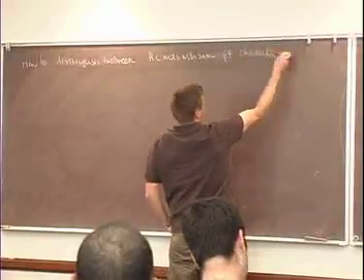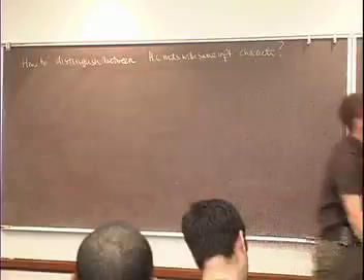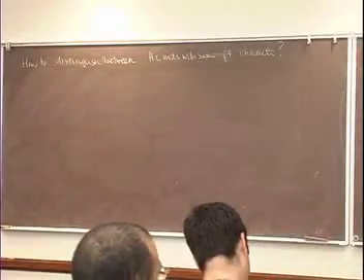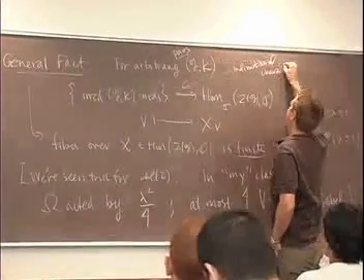So this map is called the infinitesimal character map. I think I mentioned that.